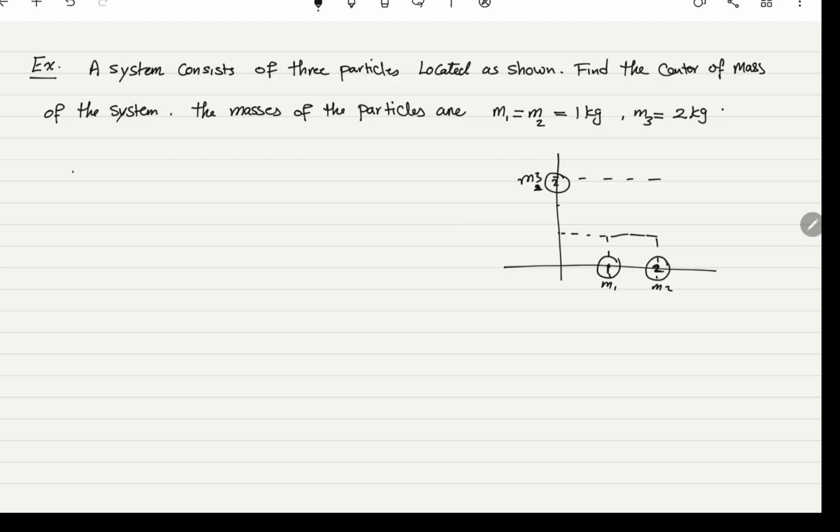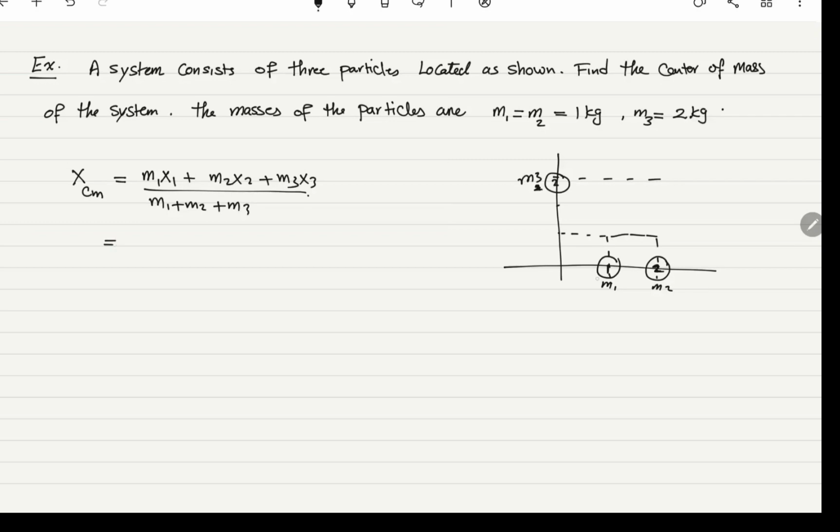Now x center of mass is equal to m1 x1 plus m2 x2 plus m3 x3 divided by m1 plus m2 plus m3.